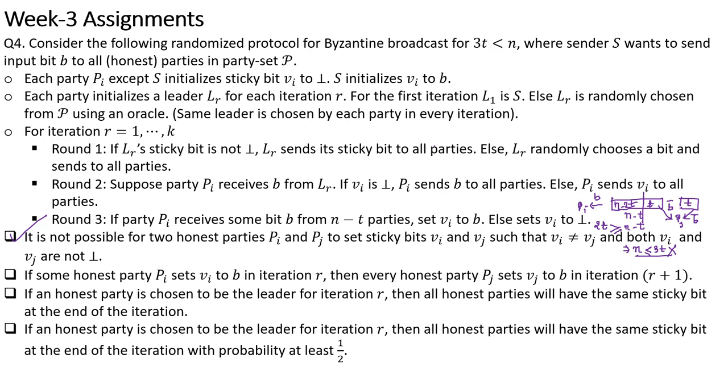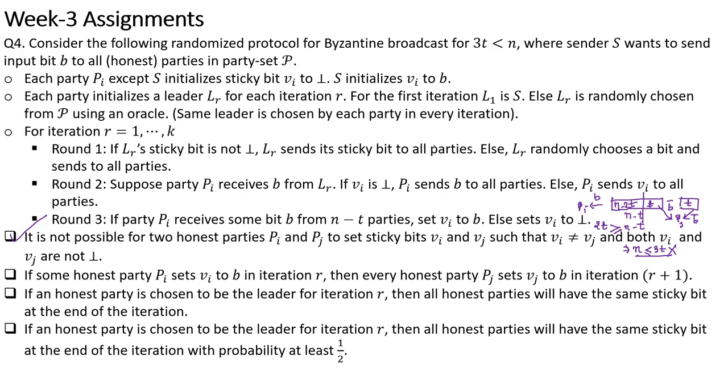We cannot guarantee that. The fourth statement says if an honest party is chosen to be the leader for iteration R, then all honest parties will have the same sticky bit at the end of the iteration with probability at least half. This is correct because if the honest party chosen to be the leader for iteration R may choose the same bit B as of the other honest parties and broadcast it.